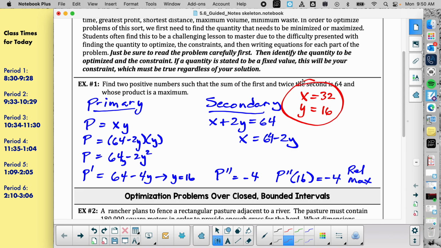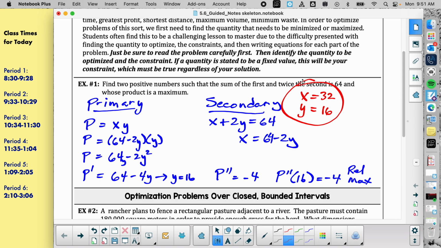Okay, this is what optimization is going to be. The situation that you're dealing with is what's going to make the problem easier or harder. But the process is going to be the exact same for every question. Could you explain the primary and secondary thing? So one sentence in the problem is always going to ask you to find something to be a maximum or a minimum.